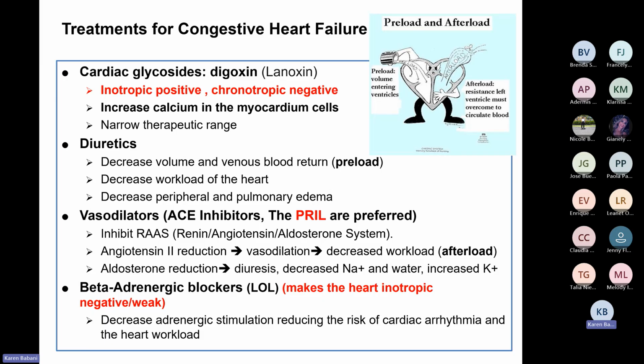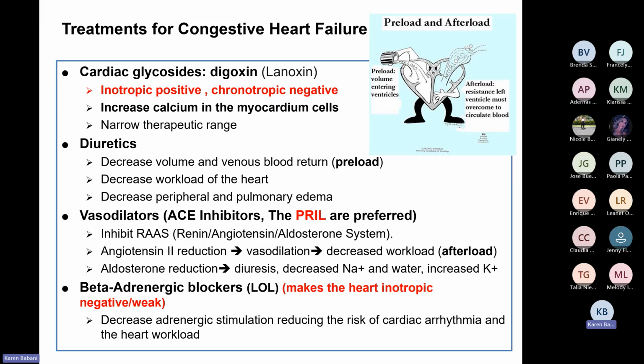What they do is inhibit the renin-angiotensin-aldosterone system that I told you before gets activated when there's heart failure. The angiotensin II reduction leads to vasodilation, which leads to decreased workload, or afterload. Remember, that's why we also have to control the resistance that the ventricle needs to overcome when the blood comes out.